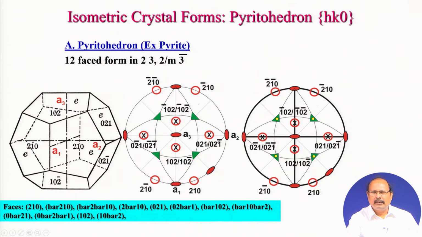So, it will be 021. In the third position, the position of C, the index is positive, which means it is intersecting the positive direction of the A3 axis here. Now, let us again consider this red circle here, which is 021.